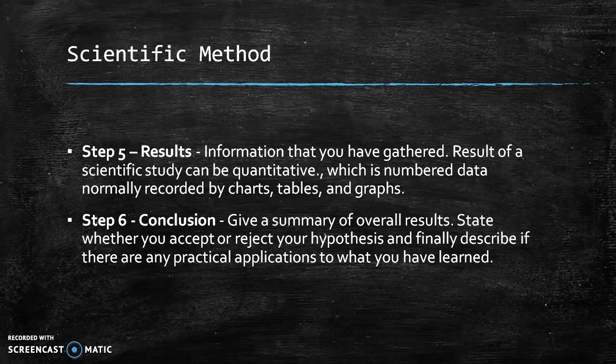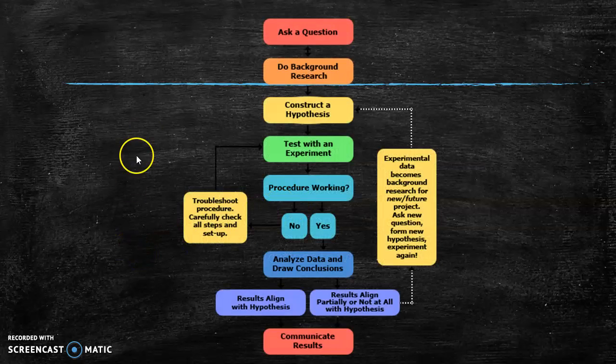But even if I ate and it did not go away, I'm rejecting that hypothesis and trying to create a new one, and we basically go through the whole cycle time and time again until we find a hypothesis that is accurate. And in the conclusion, we also describe if there are any practical applications to what we've learned, right? So where else can I use this knowledge to make sure as many people can be helped as possible?